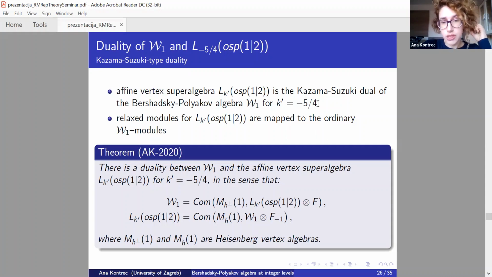We show this by constructing two explicit embeddings, and we also study properties of modules and their relations. In fact, using the free field realization of L_k OSP(1,2) obtained by Dražen, we see that the relaxed modules for L_k OSP(1,2) are mapped to ordinary W1 modules.